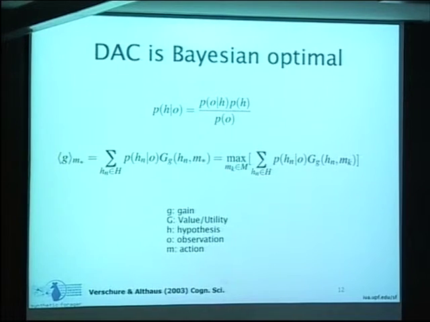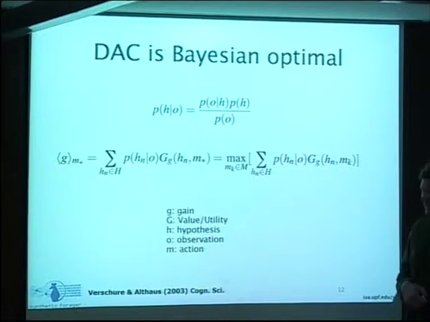What we have already shown in the past is that DAC is optimal in a Bayesian sense, which means in some sense you can say that DAC is optimally using the knowledge that it has acquired.